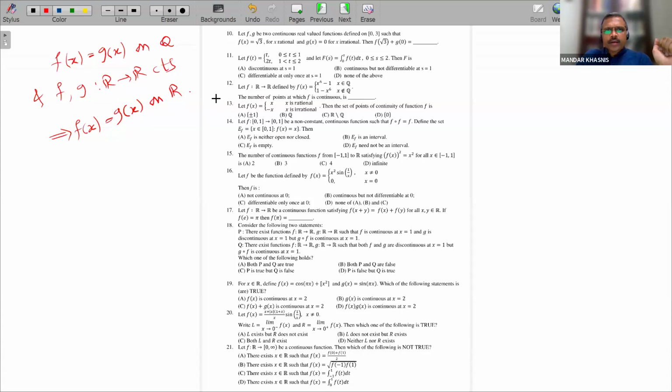So which one to pick up? Let's look at 15th. Time is running a bit.